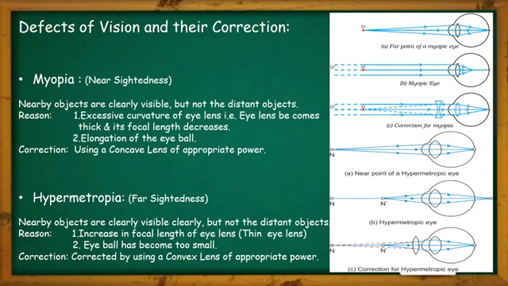Next one is hypermetropia, also known as farsightedness. A person suffering from hypermetropia cannot see nearby objects clearly but can see distant objects distinctly.